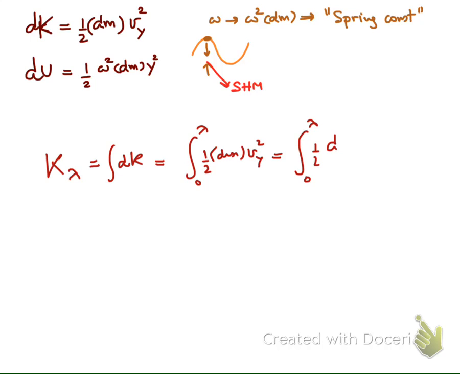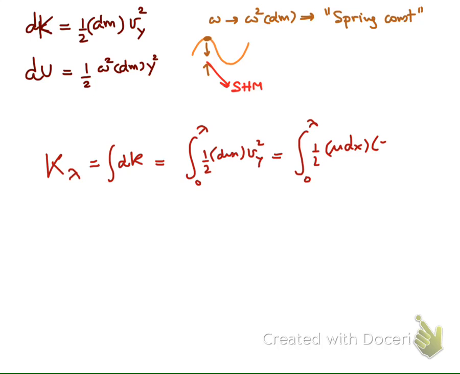Now we change the notation a little bit. Since dm is a mass, we can write this as mu dx. dx is the length of the element that we are interested in, and Vy, we have discussed before about the form of Vy, so we can put it here.